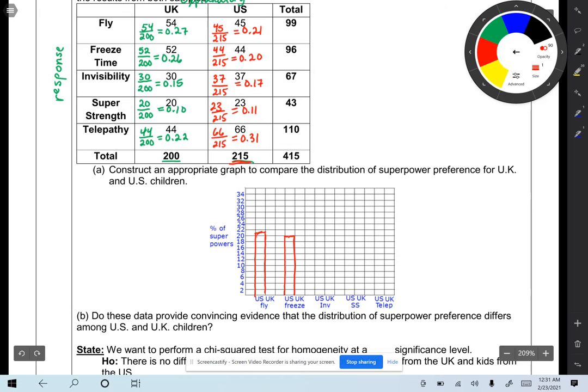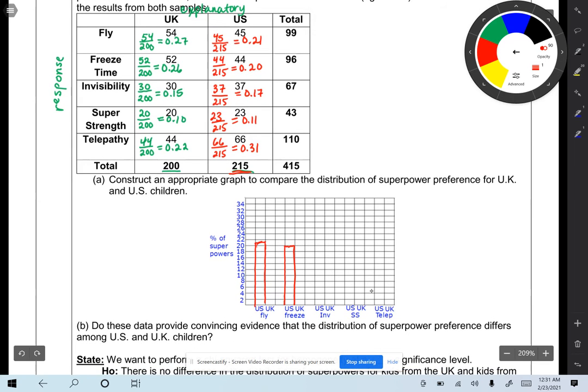Okay, 17 invisibility. Okay, 11 for super strength. And then lastly, 31 for telepathy right here.